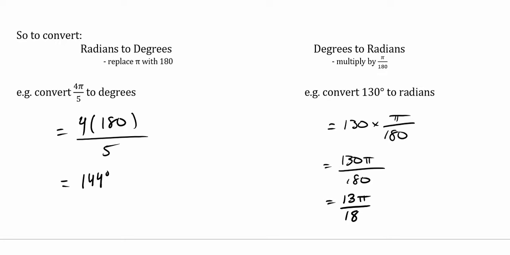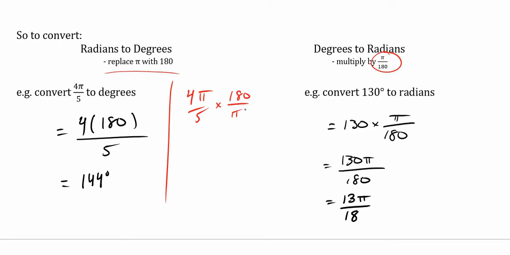I'm going to go back and show you one little thing. This is a trick. Replace pi with 180. That's obviously not a math rule or something that we employed there. What we did was we used this trick: we did 4 pi over 5. If here we multiplied by pi over 180 to go the other way, we would multiply by 180 over pi.